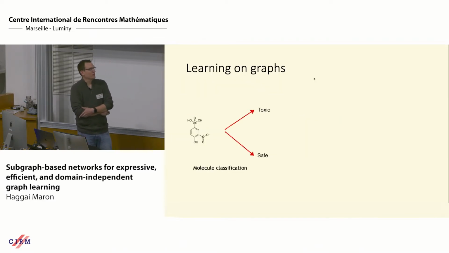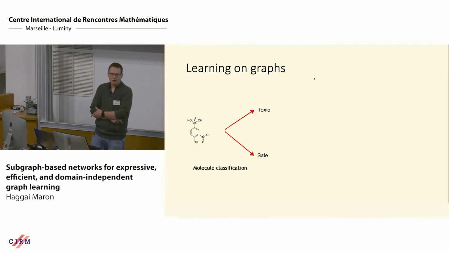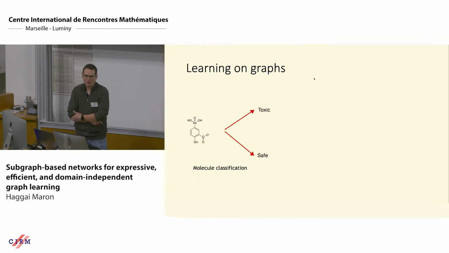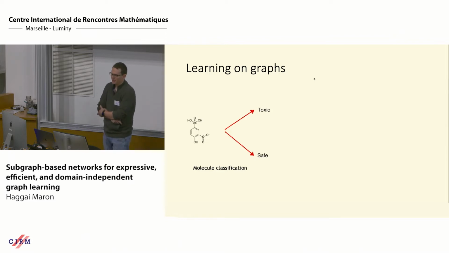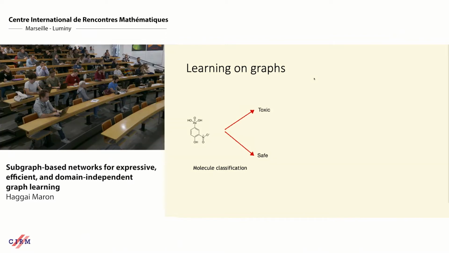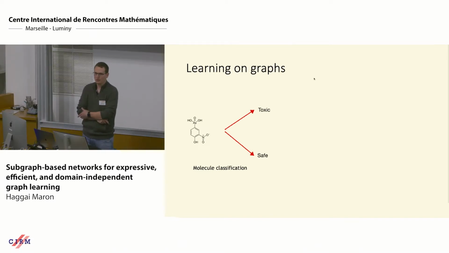First of all, maybe a quick introduction to why we want to learn on graphs, why this is interesting. You're a good audience for that, but of course you know that graphs can model a lot of interesting real-life phenomena. One good example is molecules, which can be easily modeled by graphs by using the nodes as atoms and the edges as molecular bonds.